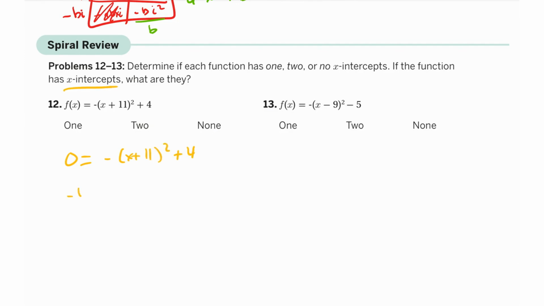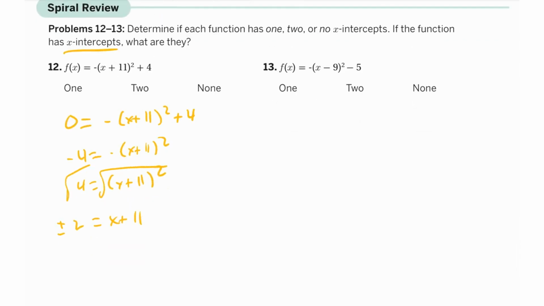So subtract 4 from both sides. Divide both sides by -1. Take the square root of both sides. This is where I get plus or minus 2. Subtract 11 from both sides. So I got -11 plus or minus 2 equals x.